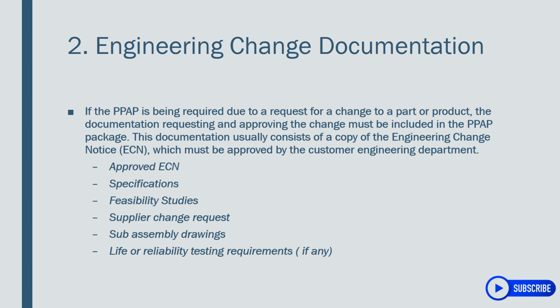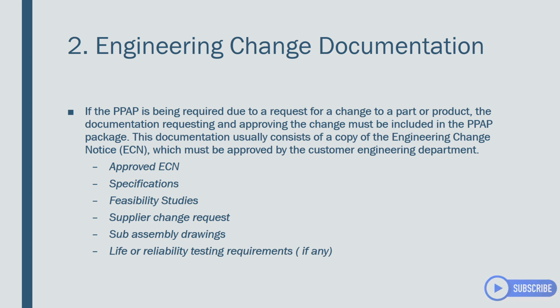The second element is engineering change documentations. If the PPAP is required for a change of part or product, the documentation of requesting and approving the change must be included in the PPAP package. In ECN, usually the approved ECN, the specification of the particular ECN, and feasibility studies are included.